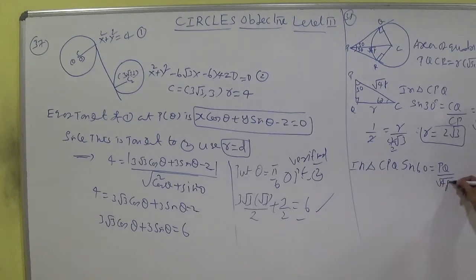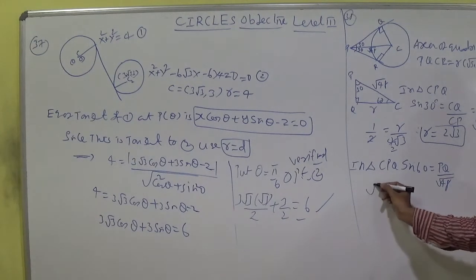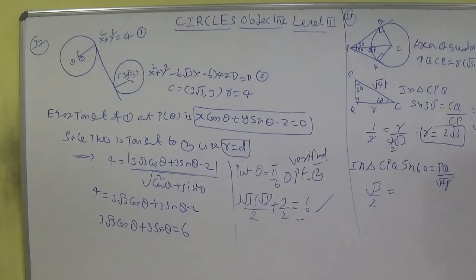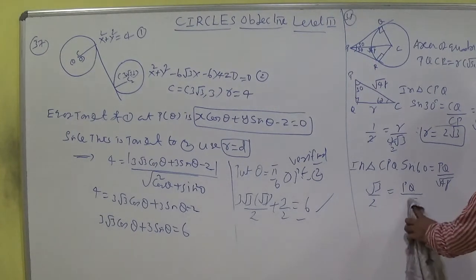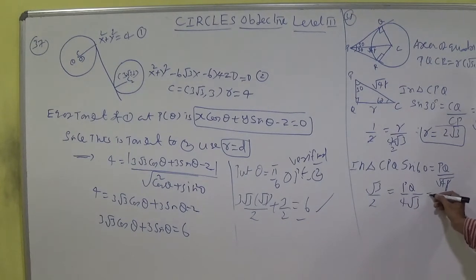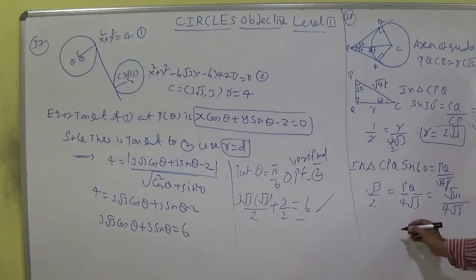Sin 60 value is root 3 by 2. Root 3 by 2 is equal to PQ by root 48, and PQ we don't know here. Root 48 can be written as 4 root 3.